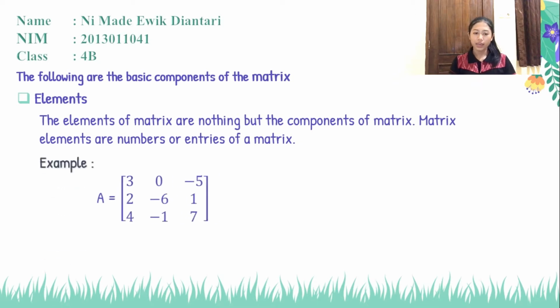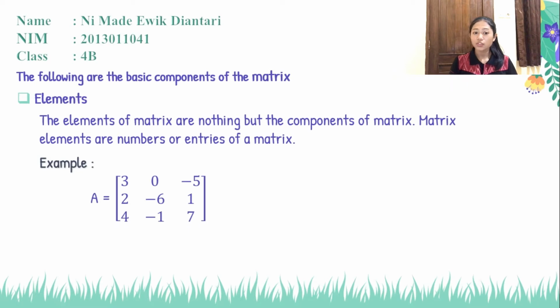Example of a 3 by 3 matrix. The elements of this matrix are the numbers 3, 0, -5, 2, -6, 1, 4, -1, 7.